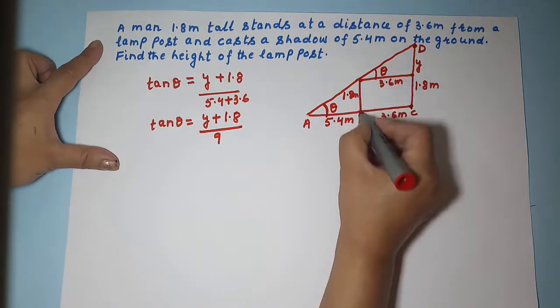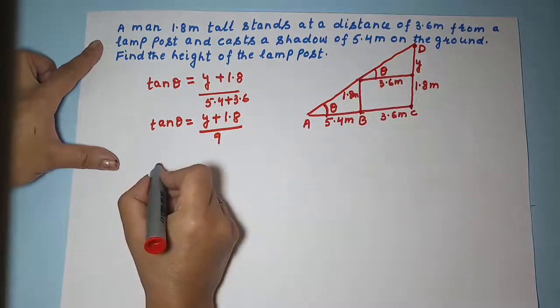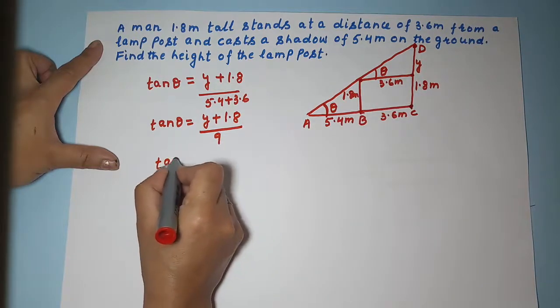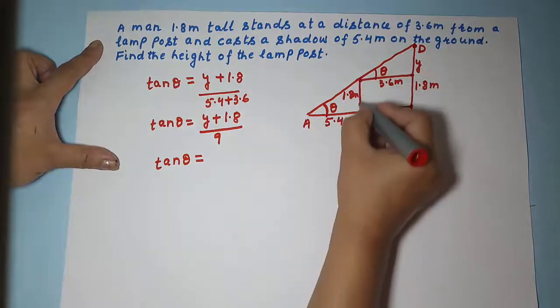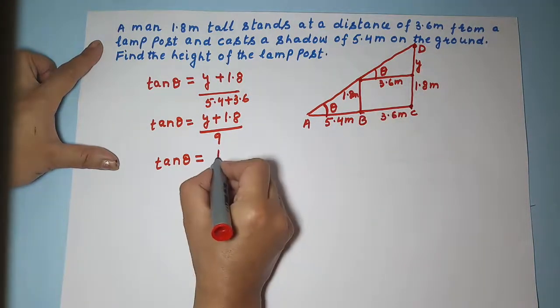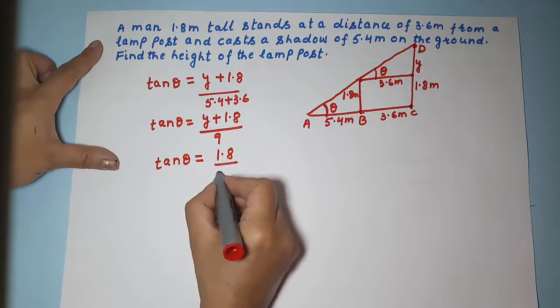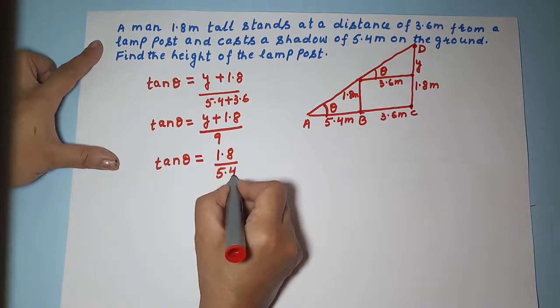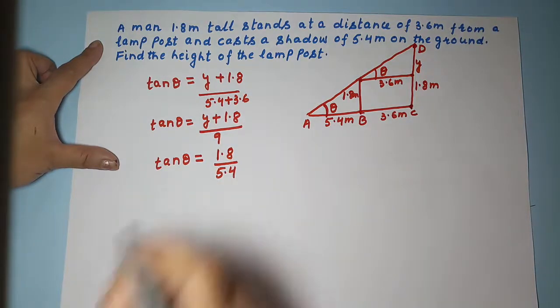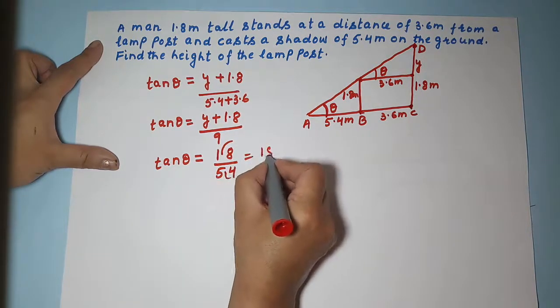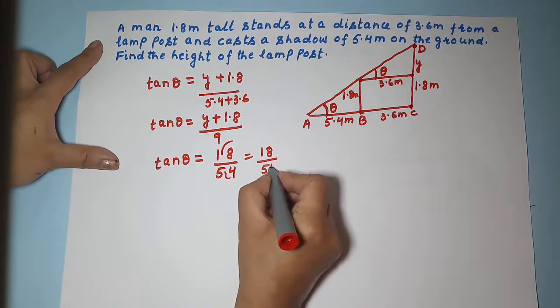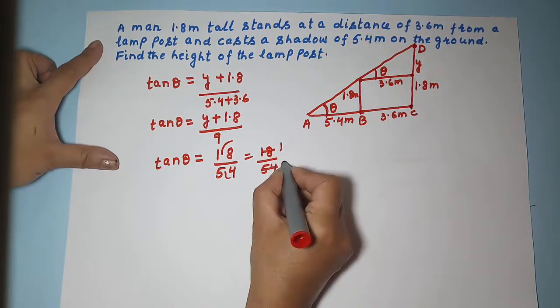Let me come to this triangle. In this triangle, again tan theta is equal to opposite upon adjacent, that is 1.8 upon 5.4. So this and this will go, I am left with 18 by 54. 18 ones are 18, threes are 54.